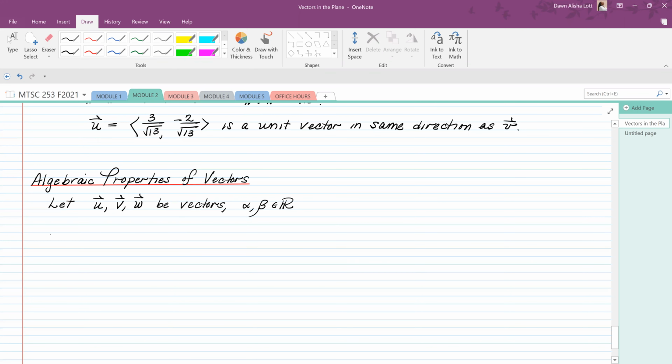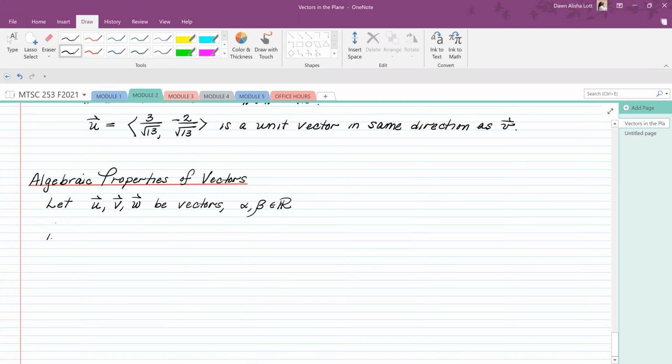First property, u plus v is equal to v plus u. So that's the commutative property of addition.